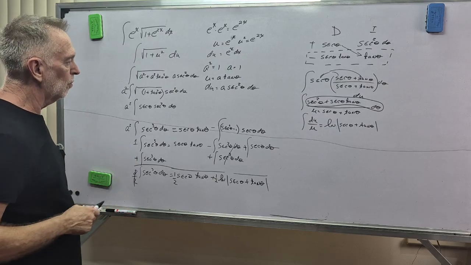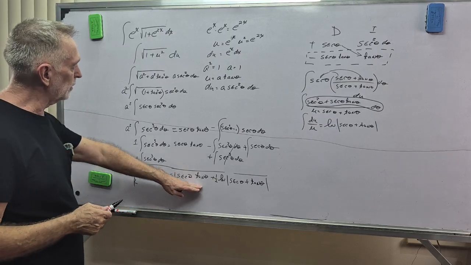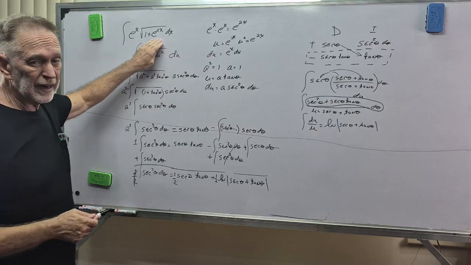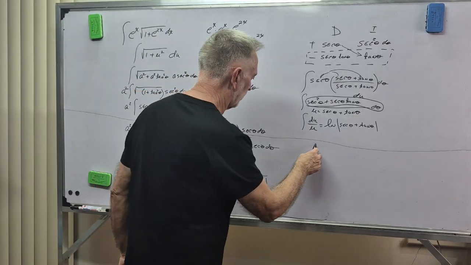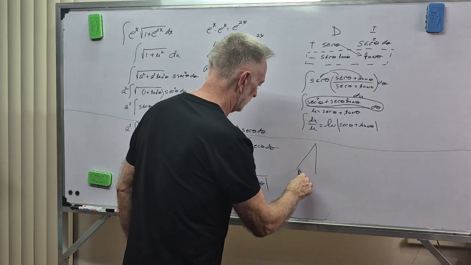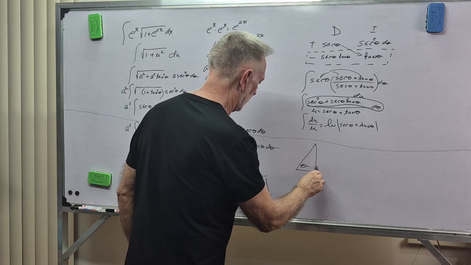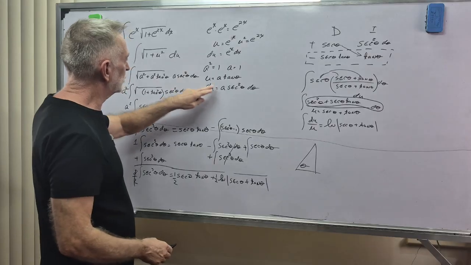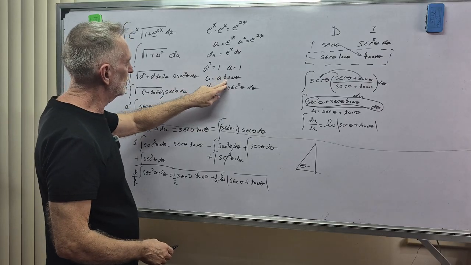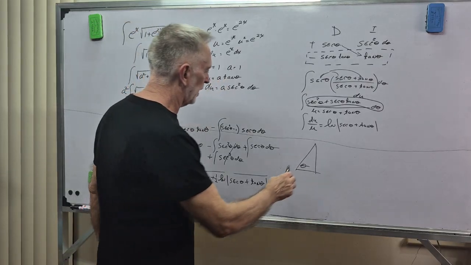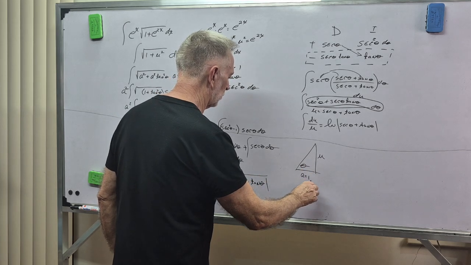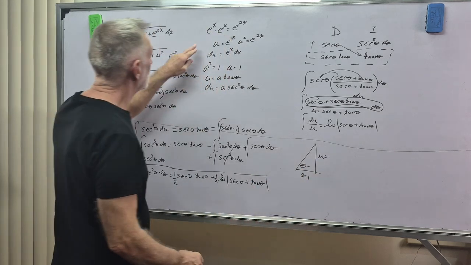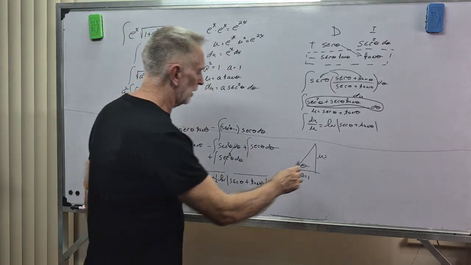Okay, now what are we going to do with that? We're in the theta world. We need to get back to the x world. So let's draw our triangle. That's theta. So we said tangent theta was u over a. U over a. And a was 1. U was e to the x.